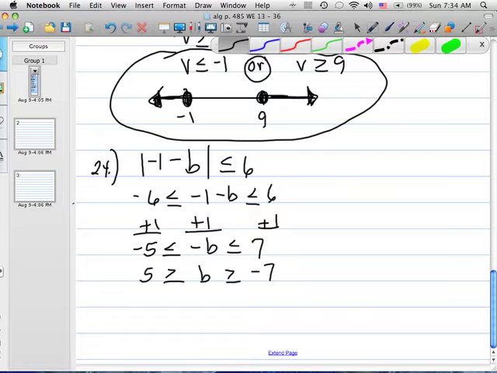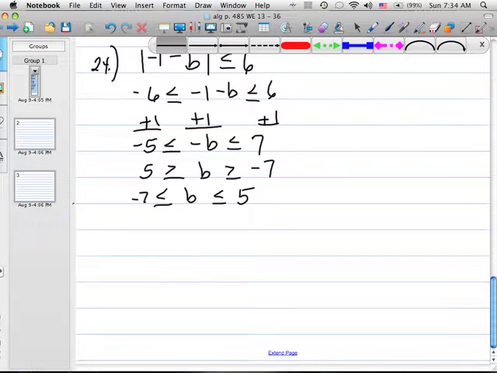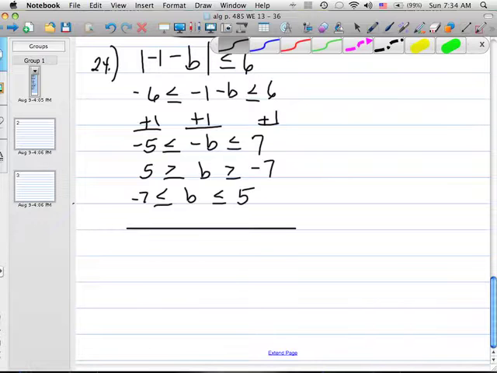Looking at this, I can see the 5 and the 7 are in the wrong places for graphing, so I'm going to move them in the right place, and change my inequalities. So it's all the numbers between or including negative 7 and 5. Graphing that, closed circle at negative 7, since I have less than or equal to, closed circle at 5, shaded in between.